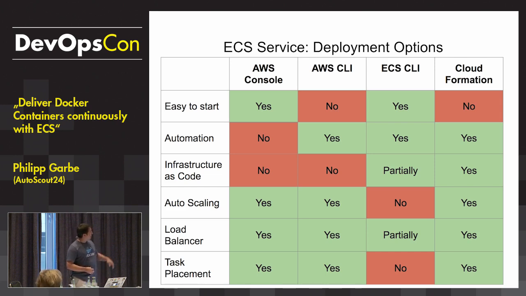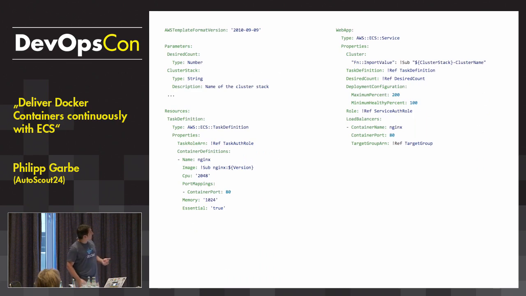That's why I wrote infrastructure as code as partially. And also with CloudFormation, in parallel or in addition, you can also define the task and the service as we can see here. That's a whole example of an ECS service, what you have to write down.